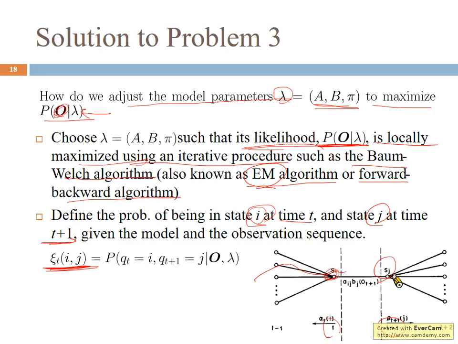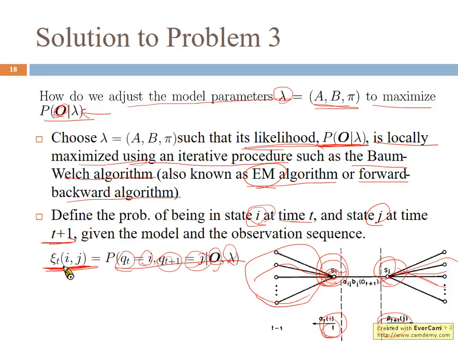So this probability is defined given the lambda and the observation sequence: q_t is equal to i, q_{t+1} is equal to j. No matter how it goes from the beginning to time instance t, and how the following process goes, we don't care about it. We just calculate the probability of jumping from state i to state j between time instance t and t plus 1. And this is defined as psi_t(i,j).